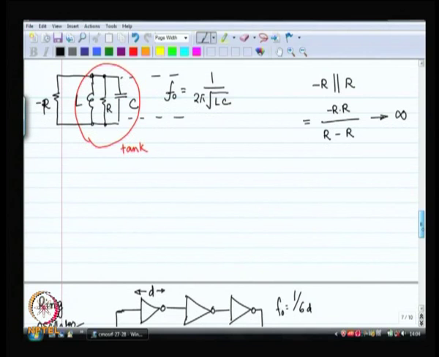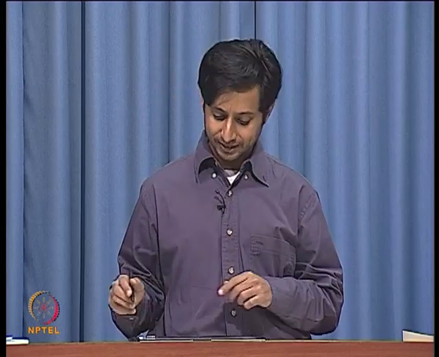So, the first thing that we saw was the most basic oscillator is an inductor in shunt with a capacitor, and never will you get an inductor which is a perfect inductor. It will always be an inductor in series with some resistance because of the resistance of the wire. Then there are going to be eddy currents, etc., all that stuff you can lump into some form of a resistance, right.